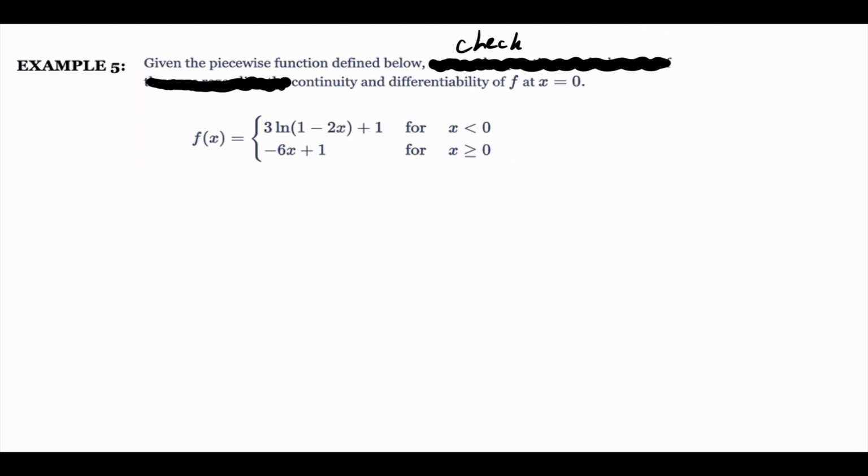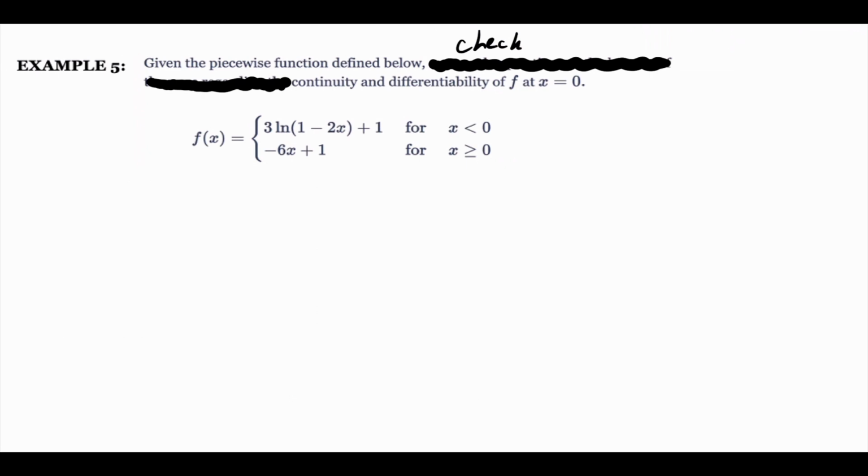So I just check continuity and differentiability at F. So is it continuous? Is it not continuous? Is it differentiable? Is it not differentiable? Is it both? Is it neither? That's what they want. So there's 4 options, at least, probably 5 options. Differentiable, continuous, one or the other, neither, both.